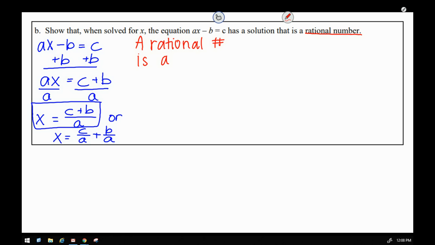It's okay, you can pull out your notes. Or you can look at the very top of your paper. What does it say? Remember that the definition of a rational number is a ratio between two integers.